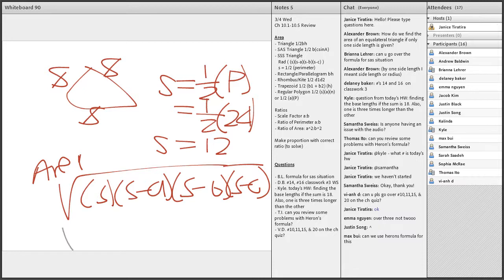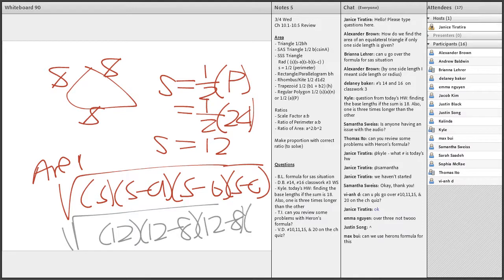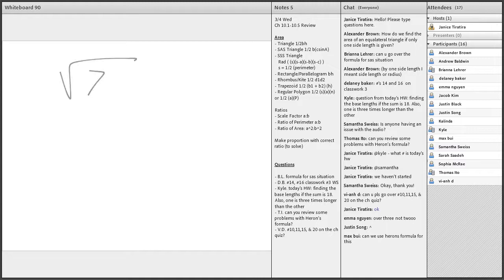So under the rad, we'll have 12 times 12 minus 8, 12 minus 8, 12 minus 8. If you put everything in the calculator, it's 12 times 4 times 4 times 4, so that's 768. Okay, so that's under the rad. I'm going to go to the next page. So 768.